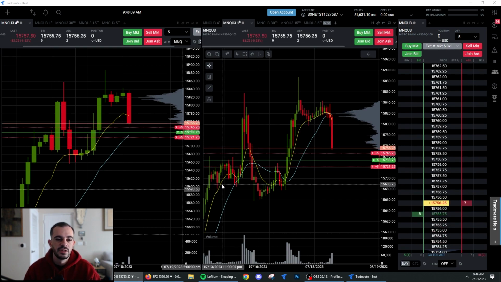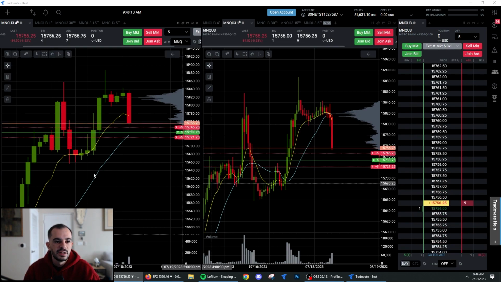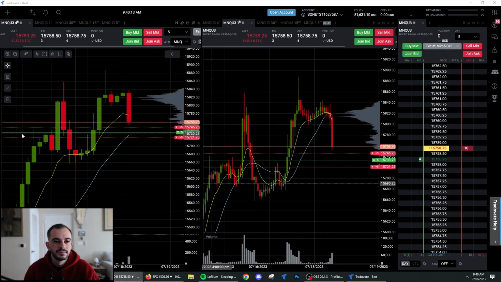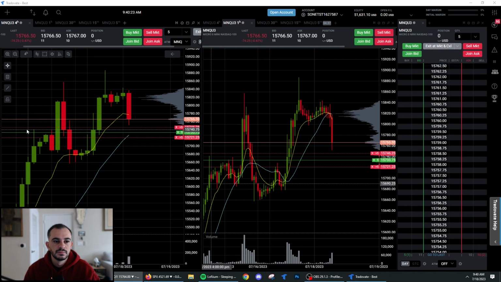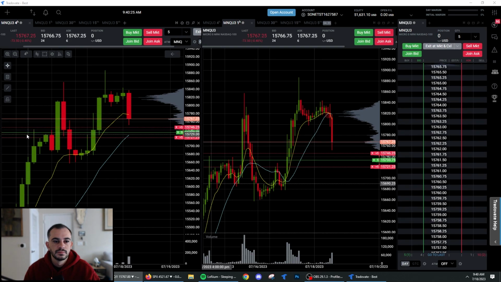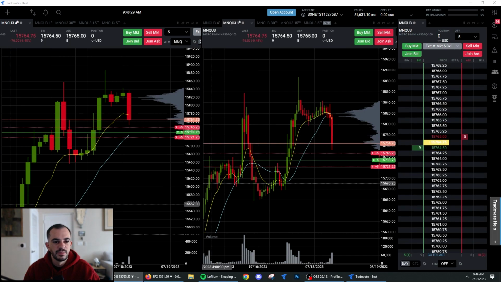Starting to come down a little bit here. Let's see if we can't get a fill. You want a nice sharp move. You don't want it to grind into these levels here.